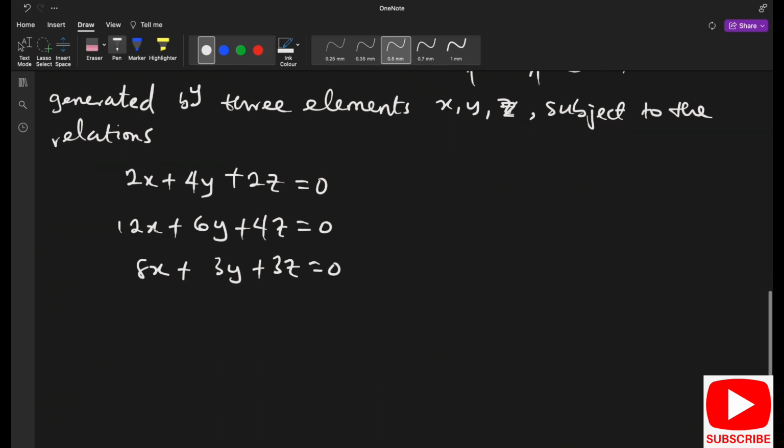So, in order to solve this problem, we are going to use a method called the Smith normal form.